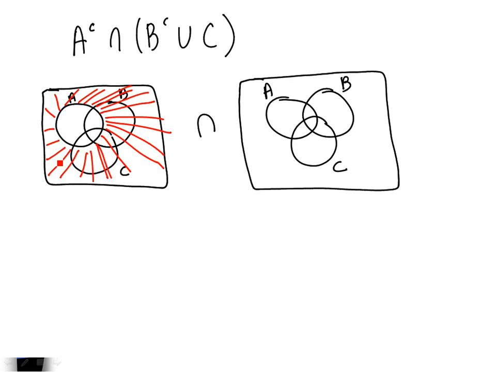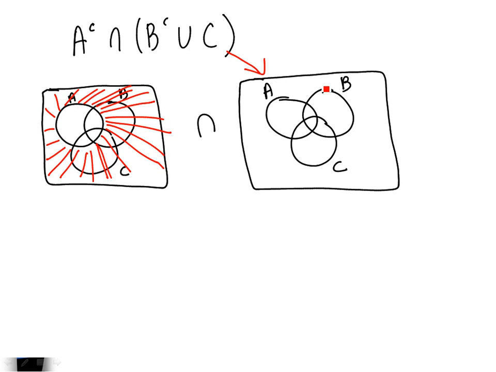Alright, what is B complement union C? Since this is union, I know that I can shade this all in the same Venn diagram. B complement union C. So that's what I'm concerned about now.